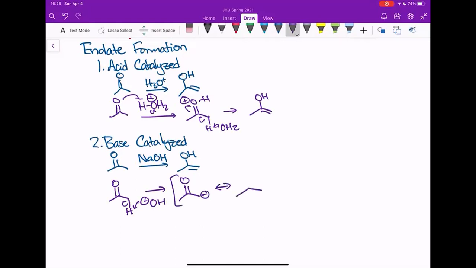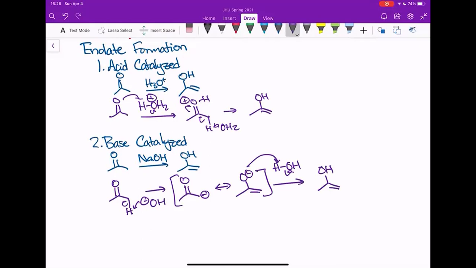And then you can resonate this structure in order to protonate your carbonyl, or sorry, your alcohol. Okay, so that was the intro to enolates portion.